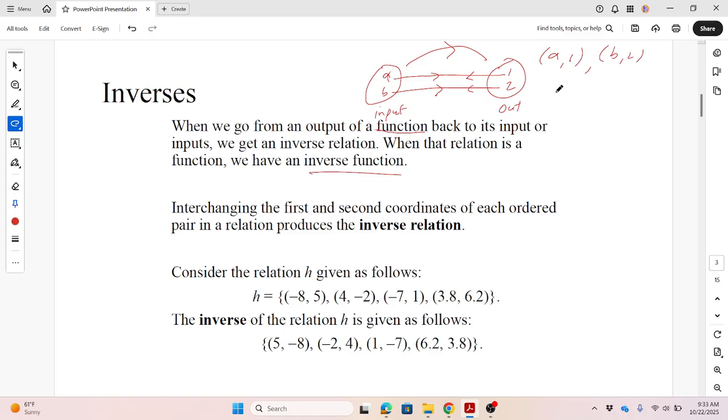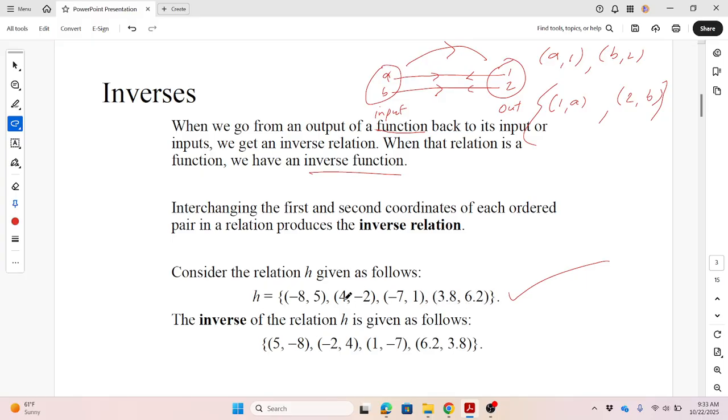So like here, if you just switch x coordinate and y coordinate, then whatever relation you get, that's the inverse relation. Here is one example. Let's say you have a relation H, and these are the inputs and outputs. The inverse of this relation is you just switch x and y coordinate, and this is what you get.